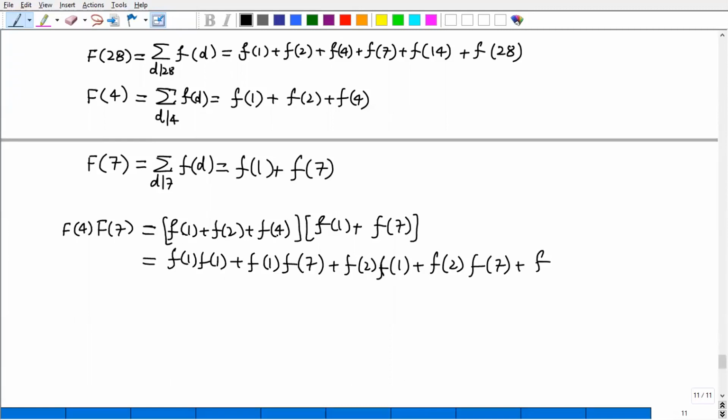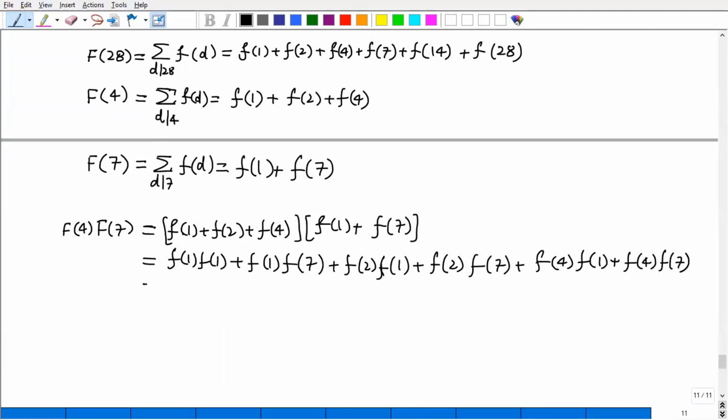Now f of 4 is multiplied with f of 1 and f of 7, so f of 4 times f of 1 plus f of 4 times f of 7.